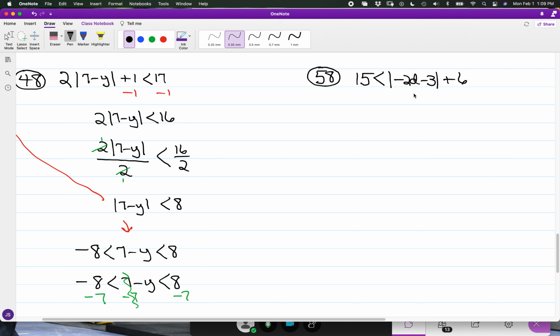Again, I want to get the absolute value term by itself. So I can move the 6 over by subtracting. 15 minus 6 is 9. And we have that 9 is less than the absolute value of negative 2d minus 3.